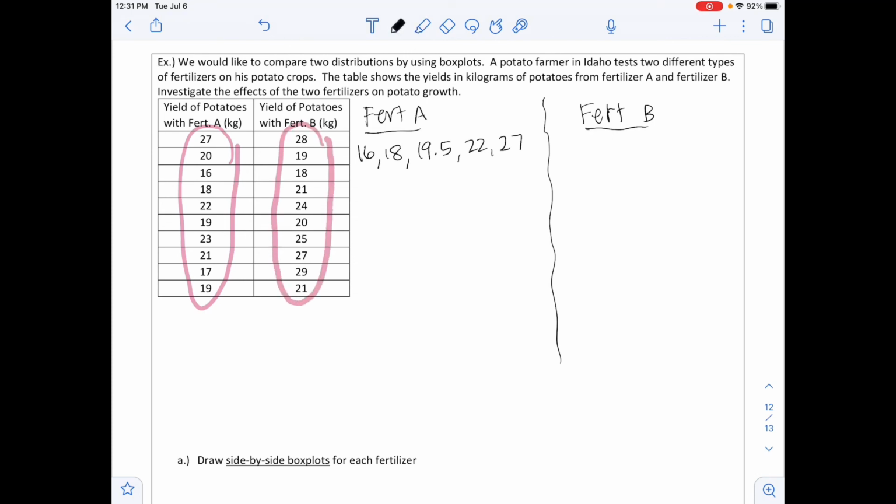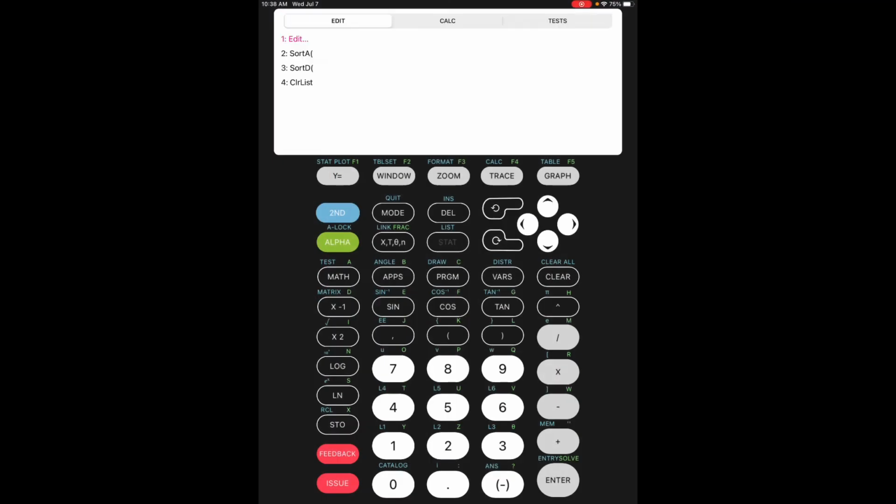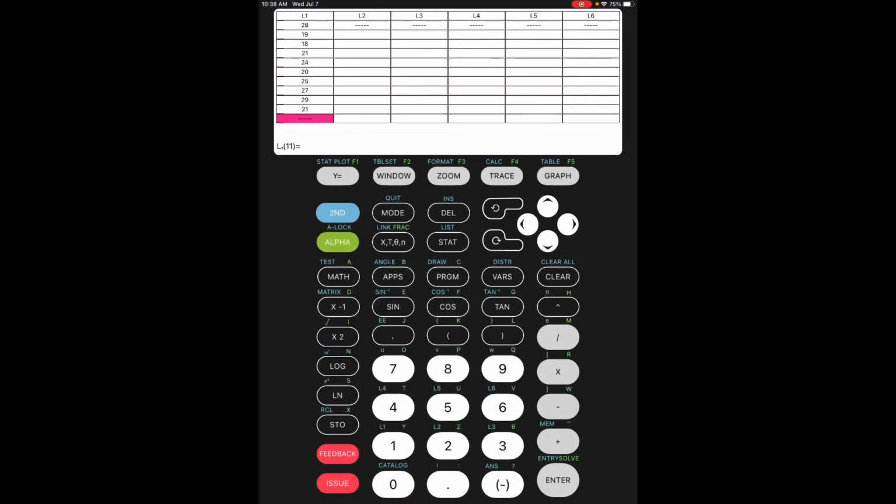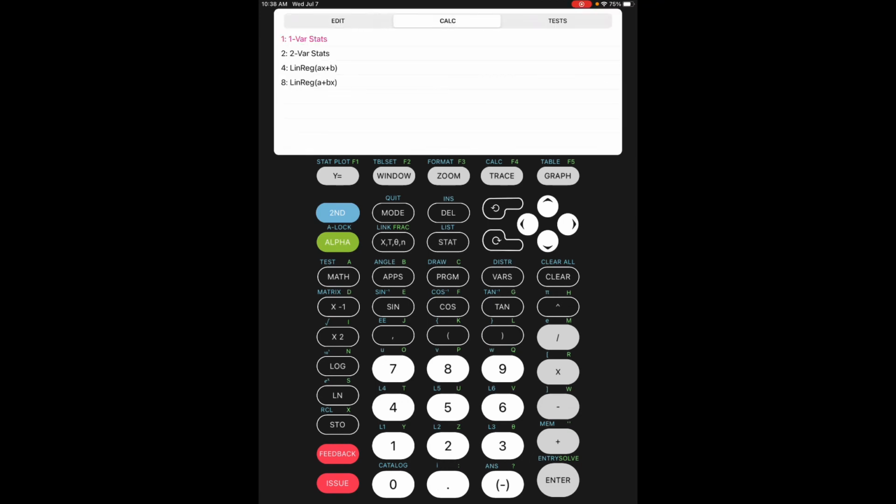So now we're going to go ahead and try fertilizer B. Take a second to input these values into L1, and then write down your 5-number summary that you get from your calculator. For fertilizer B, we're going to go to Stat, enter on Edit, and enter in all of our numbers into L1. Double check to make sure you have your numbers entered correctly. Next, we're going to go to Stat, scroll right to Calc, and select Enter on 1-Var Stats. Again, make sure that the frequency list has nothing entered there since we just have a list of numbers. Select Enter, and our 5-number summary is going to show up.